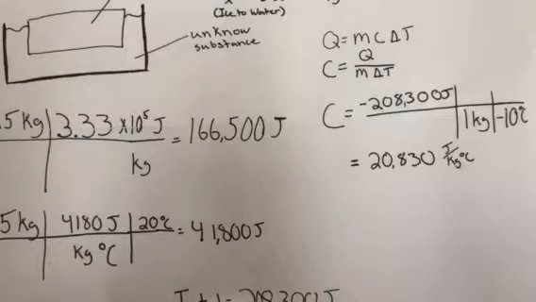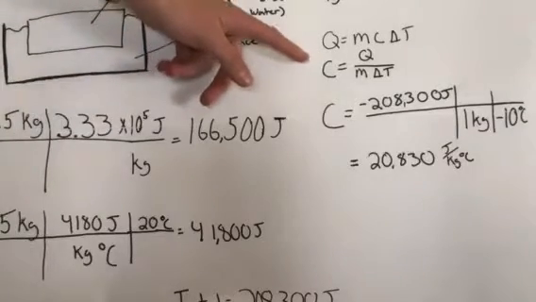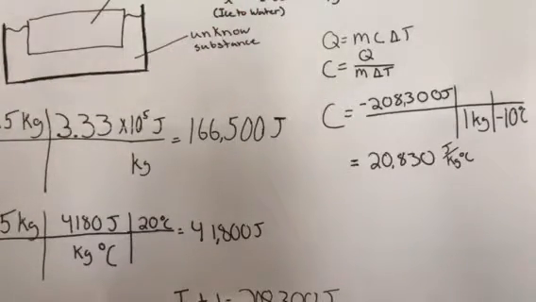It stays in liquid form. And so we're going to use the equation Q equals mc delta T. However, we're not finding Q, we're finding C. So we're going to turn this equation into C equals Q over m delta T. And using that, we can figure out the specific heat.